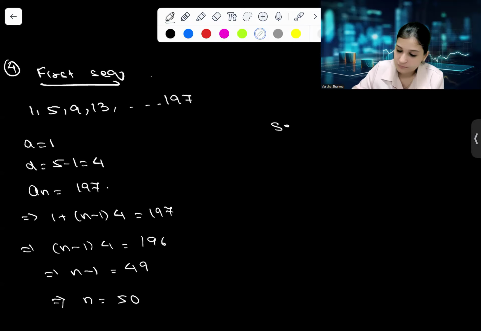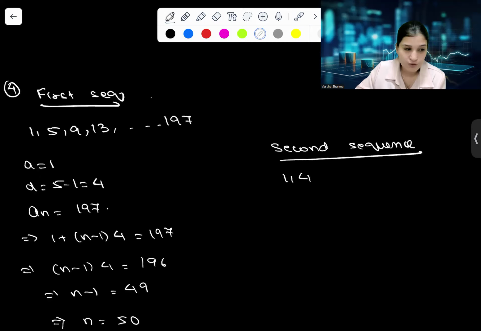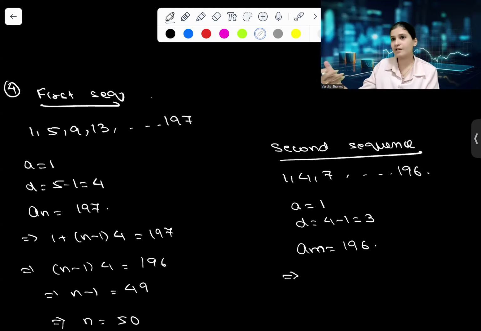In the second sequence, 1, 4, 7 up to 196. First term 1, common difference 4 minus 1, 3. Nth term an is 196. Okay? Let's take this m. The number of terms I'm changing to be m.